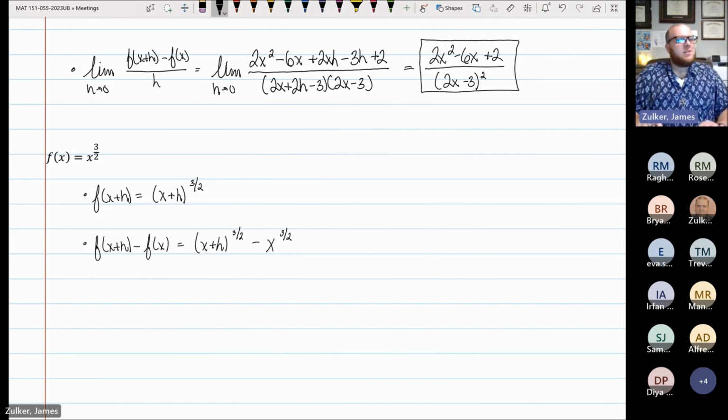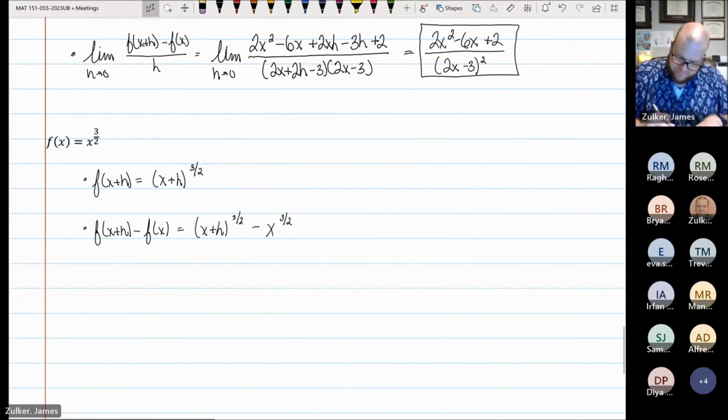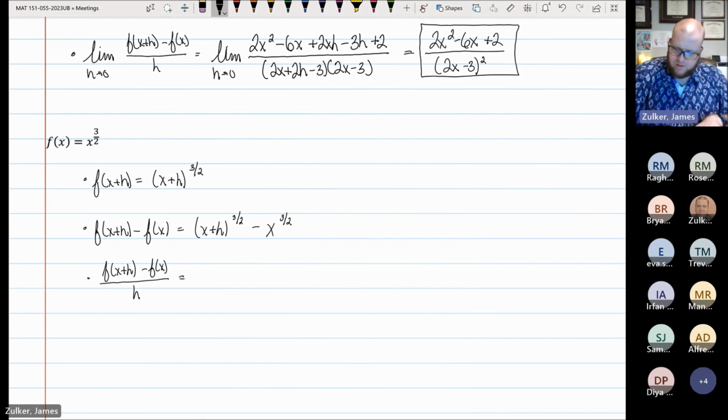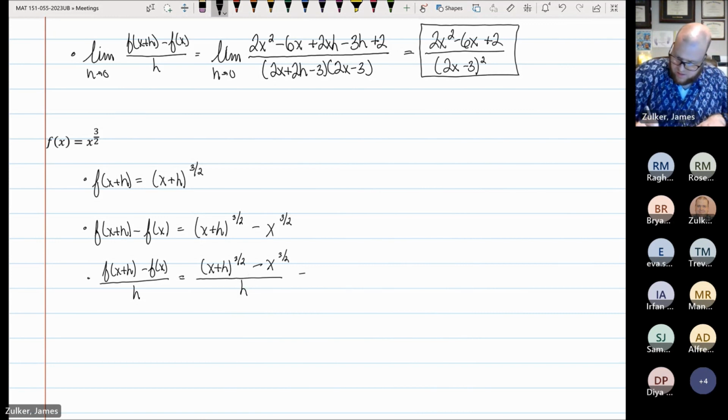Subtract out f of x. Divide out h. You don't have to rationalize.